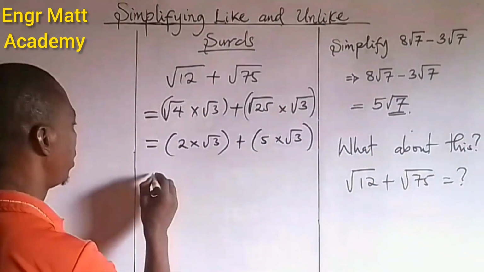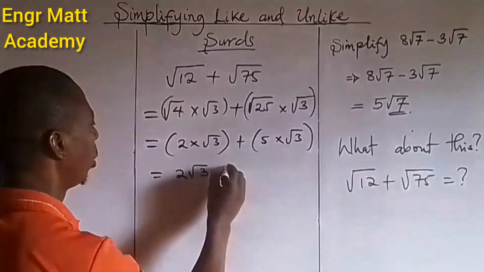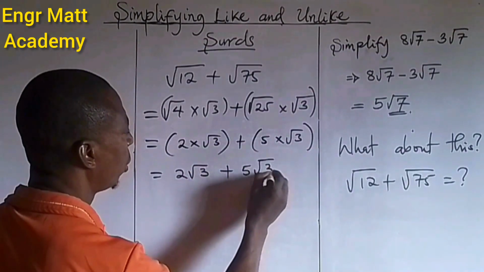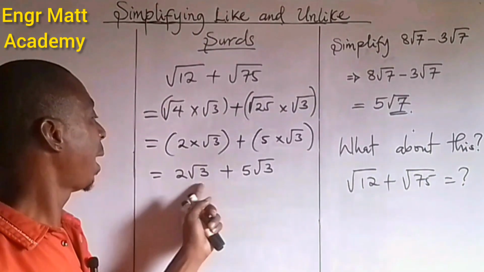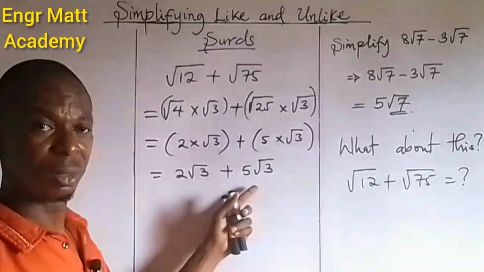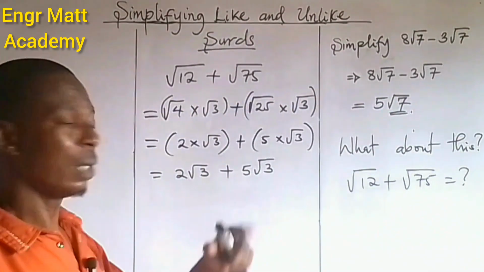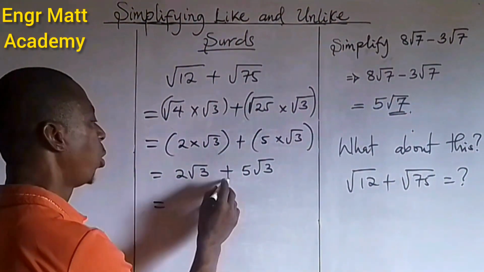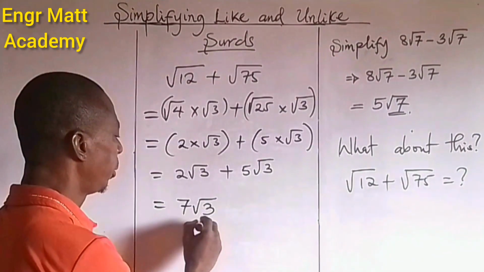If we now multiply this, we have 2 root 3 plus, multiply this, we have 5 root 3. At this point, it becomes clearer that these are like surds because we have root 3 here and root 3 here. Therefore, we can add them up by saying 2 plus 5, that will be 7 root 3.